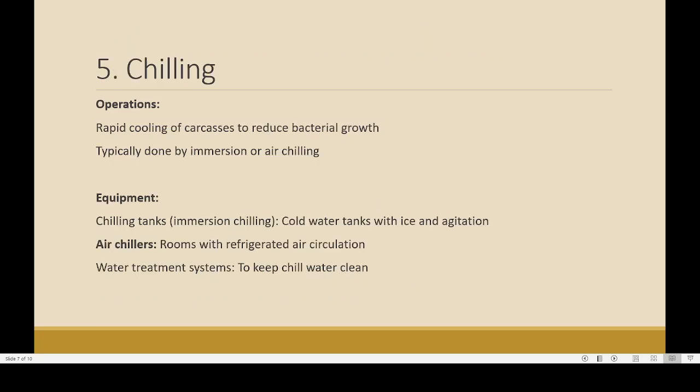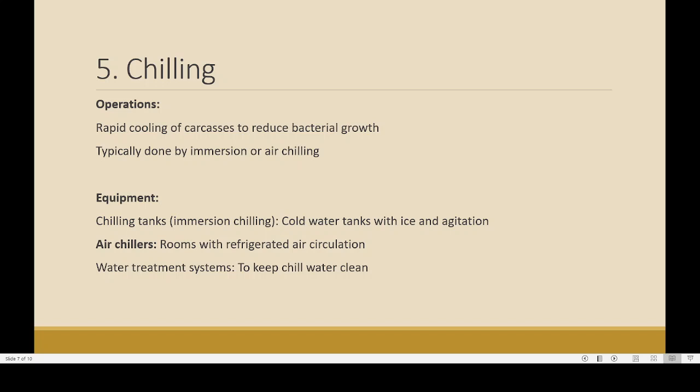Next is the chilling procedure, rapid cooling of the carcass to reduce bacterial growth. That is fast chilling. Chilling means fast cooling: when the meat is prepared, it is immediately cooled to a lower temperature, not taking so many hours but sudden cooling, maybe within 5 or 10 minutes, so that there is no possibility of bacterial growth.